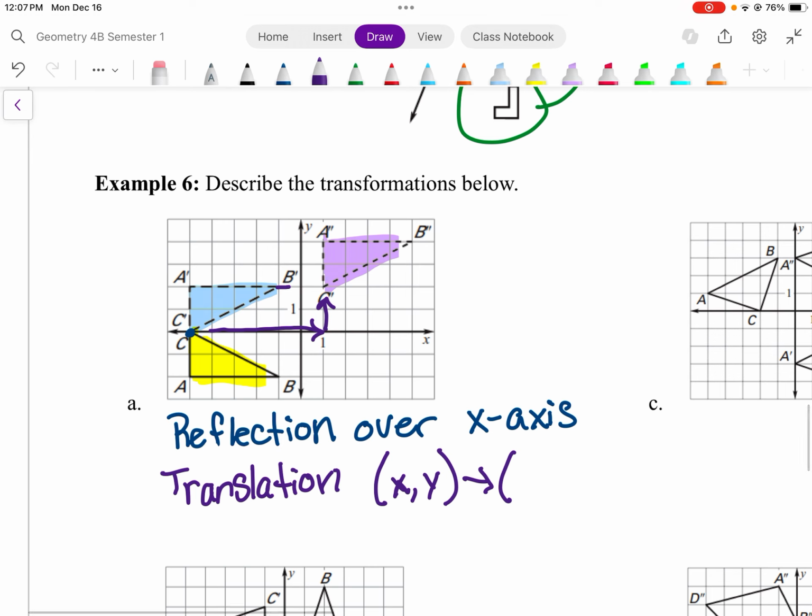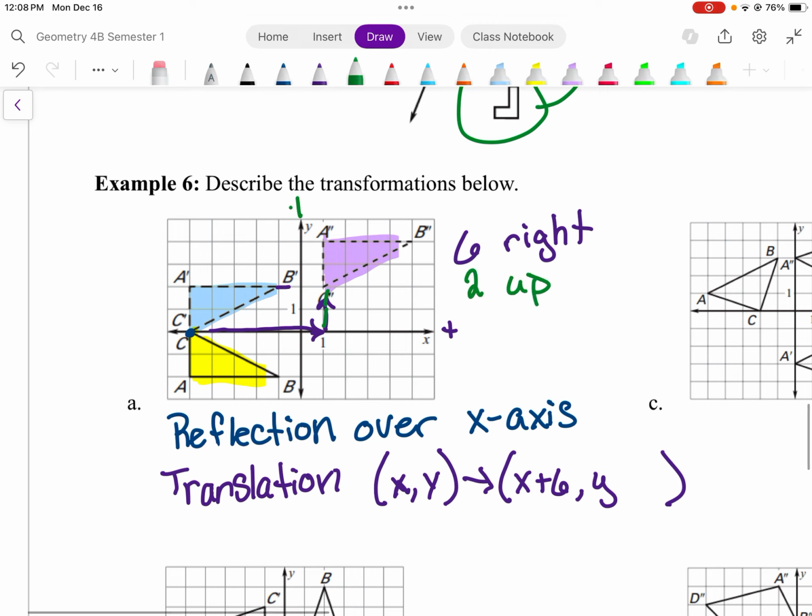And then we say what we're doing to our x value, and then what we're doing to our y values. So this one, we went 1, 2, 3, 4, 5, 6 to the right. And when we're going to the right, that is a positive. So we would have x plus 6. And then we moved 2 units up. And whenever we go up on the y-axis, it is positive as well. So the description for the transformation for part A is a reflection over the x-axis and then a translation using this rule.